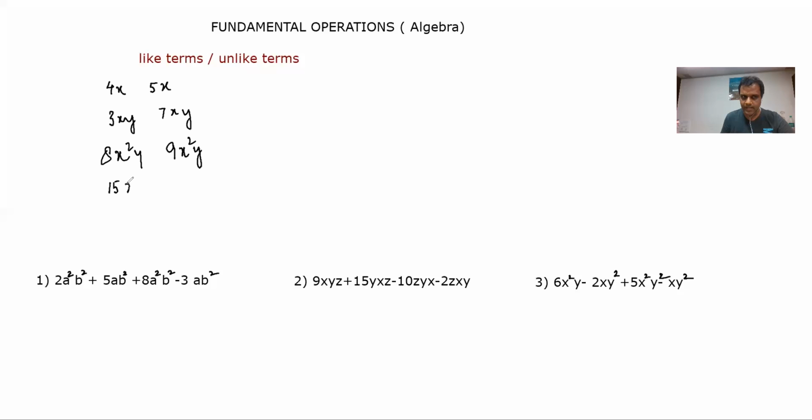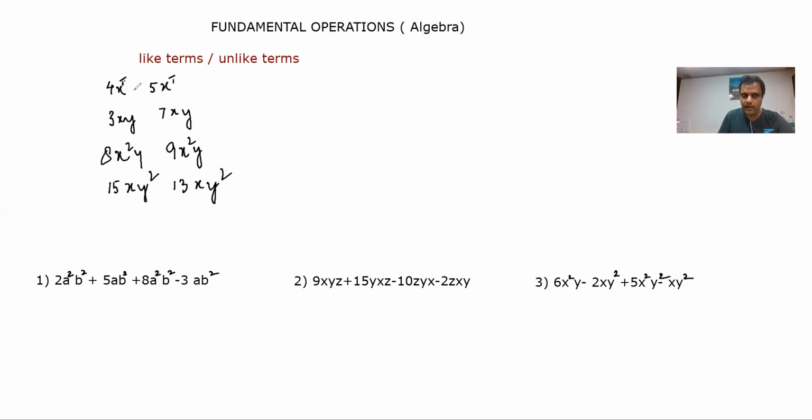15x y square, 13x y square. These are like terms. What is the common thing in between? See the power of the same variable. What is the variable here? X is the variable. What is the power? 1 in both cases.